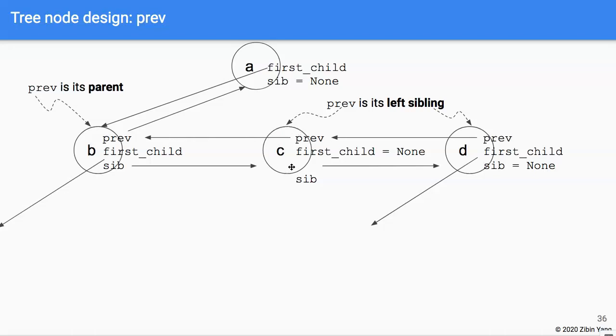So C, the previous pointer pointing to B, and D, the previous pointer pointing to C here. And finally, there is this very unique node in the tree, the root node, that does not have a previous, or its previous pointer is not pointing to any other node. And root is the only node in a tree that does that.